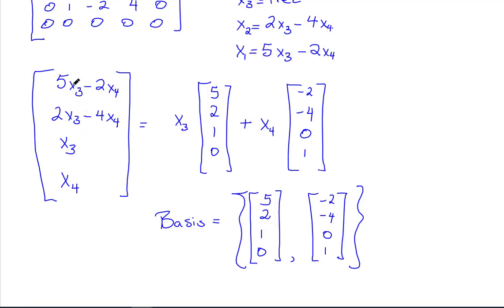So let's see, x3, I've got a 5, a 2, a 1. There's no x3 in it, so 0. The x4 pieces, I've got minus 2, minus 4, nothing from x4, so 0 and a 1. And therefore, we see the combination of all vectors is a combination of these two vectors, and so there is our basis for the null space of that matrix.